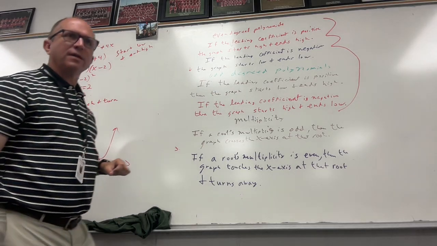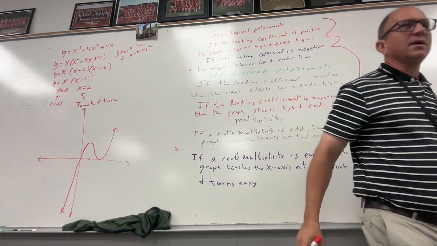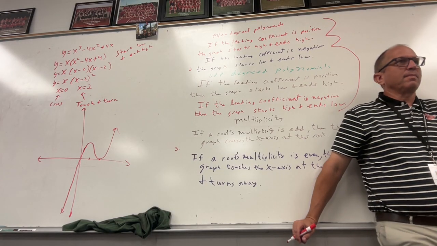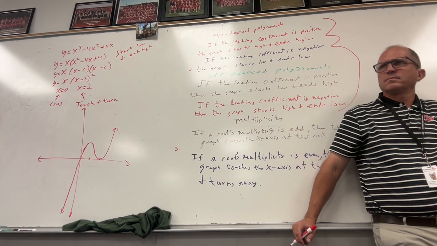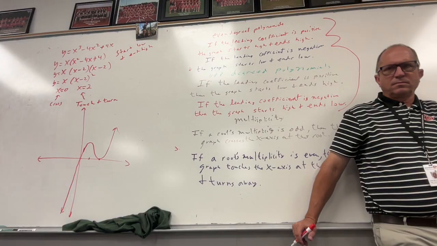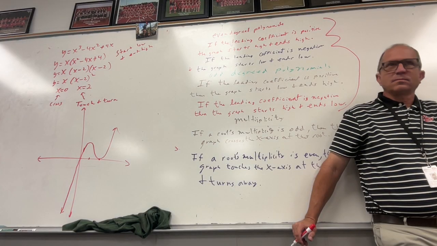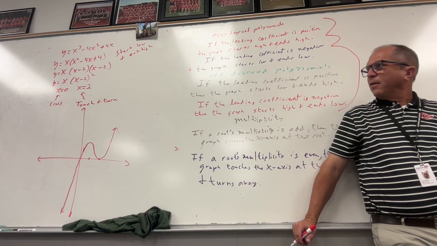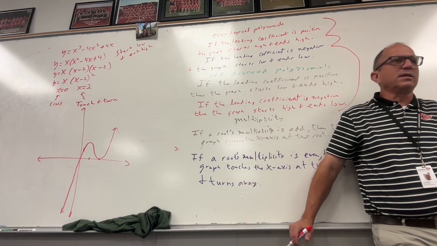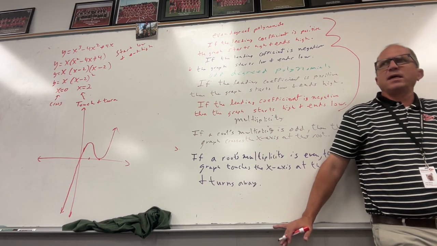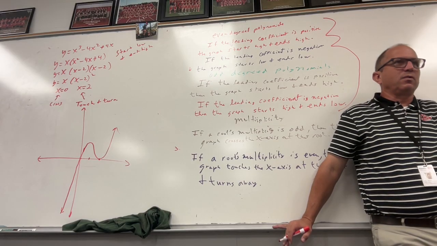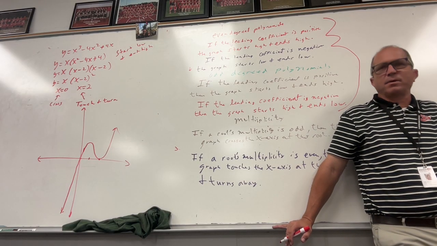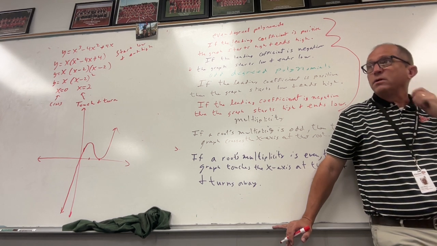So that is what that graph is going to look like. Another term for that touching and turning away, since it's a multiplicity of 2, is a double root. So you may hear that term from time to time.